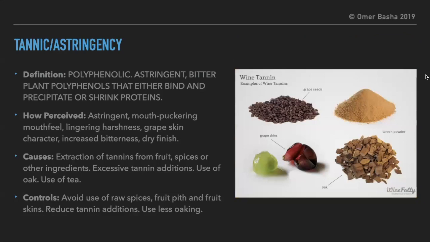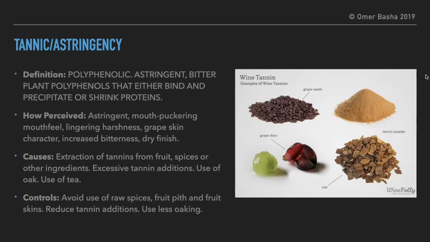Now we'll discuss tannin and astringency. So tannin and astringency are defined as polyphenolic, astringent, bitter plant polyphenols that bind and precipitate or shrink the proteins.